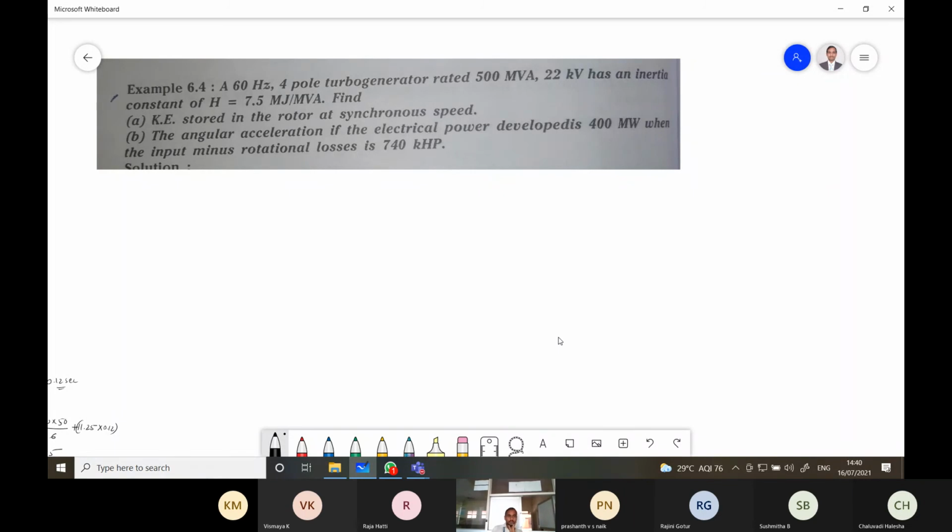Find first, the kinetic energy stored in the rotor at synchronous speed. Second, the angular acceleration if the electrical power developed is 400 megawatt when input minus rotational losses is 740 kilo HP. Okay, solution.